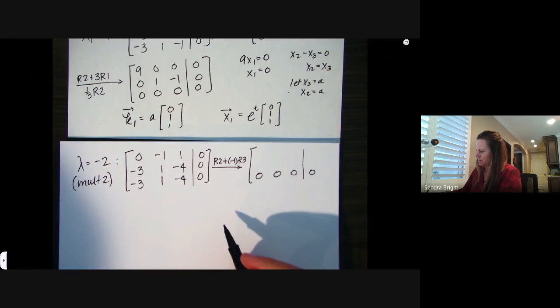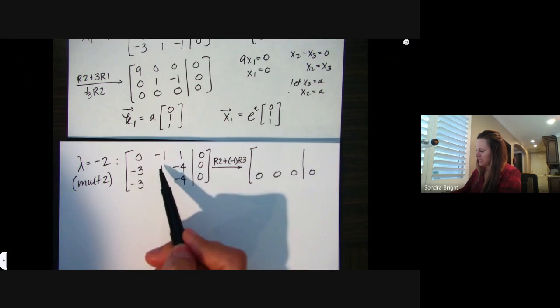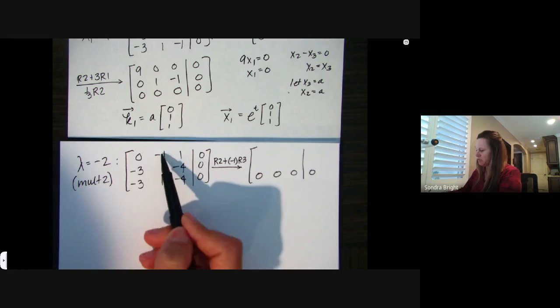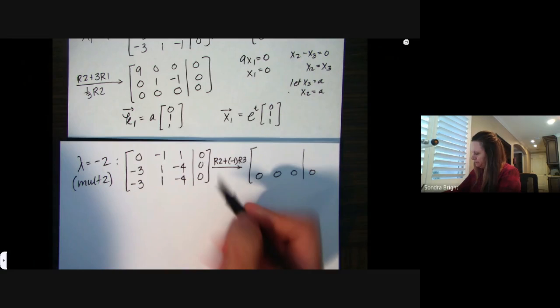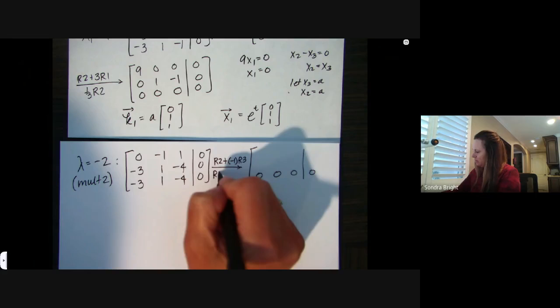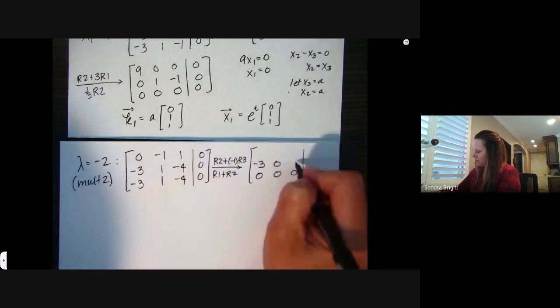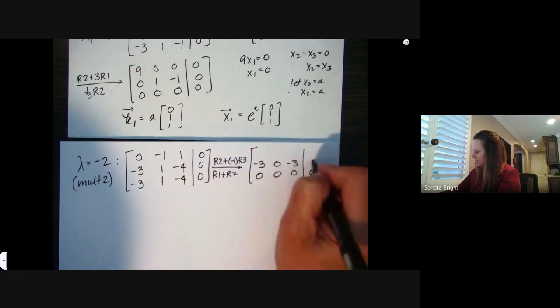And what else? I know this is weird, but I can also get this guy to be a 0 by just adding row 1 to row 2. 0 plus -3, -1 plus 1, 1 plus -4, and then 0. And then row 1 is staying the same.